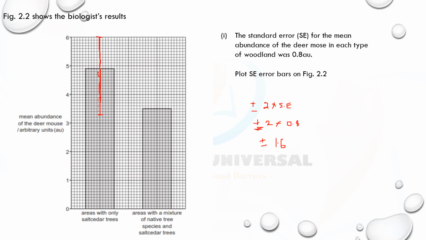So you do the same thing in the other bar. 1.6 should be what? If you check, 1 is 10 boxes. From here to here: 1, 2, 3, 4, 5, yeah, 5 plus another 5, that's 1, plus another 6.